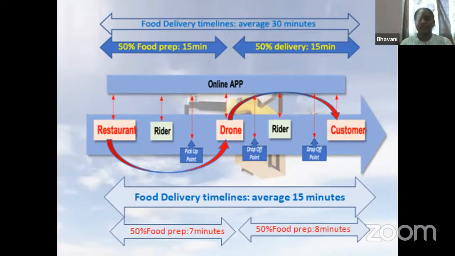Delivering food using the drone consumes less time. Preparation of the food takes 7 minutes, and delivering the food takes 8 minutes. Total 15 minutes to deliver the food using the drone.